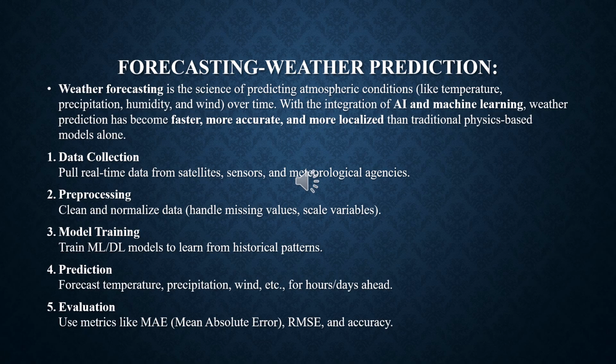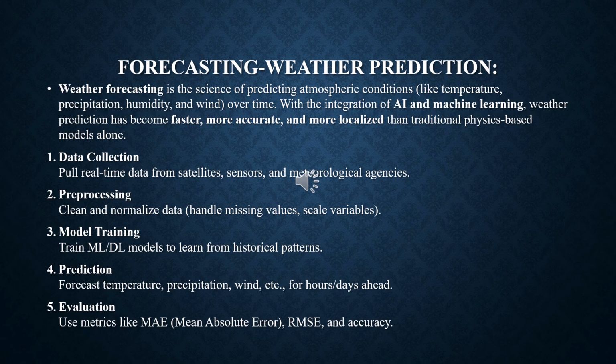Weather prediction is the science of predicting conditions like temperature, humidity, wind, or sunny weather. With the integration of AI and machine learning, weather prediction has become faster, more accurate, and more localized than traditional physics-based models alone.